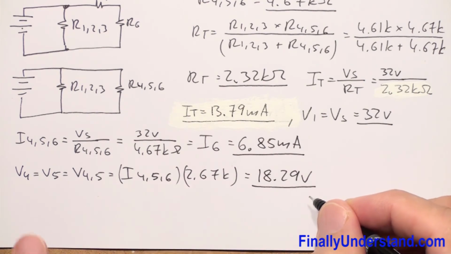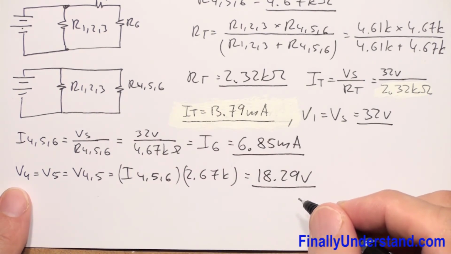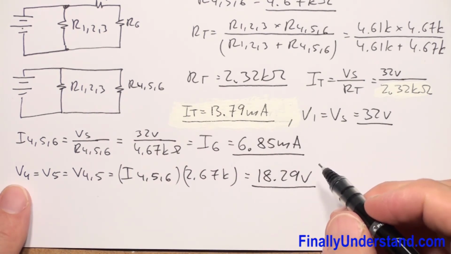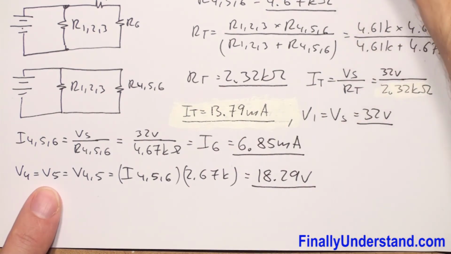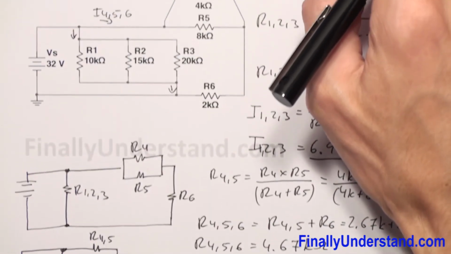This is the voltage across resistor 4 and the voltage across resistor 5.